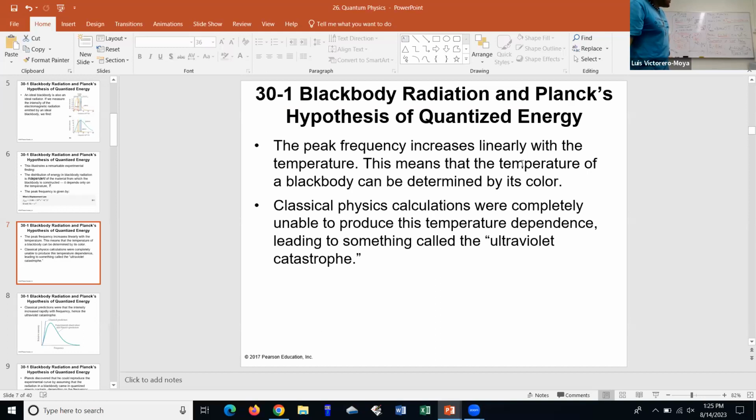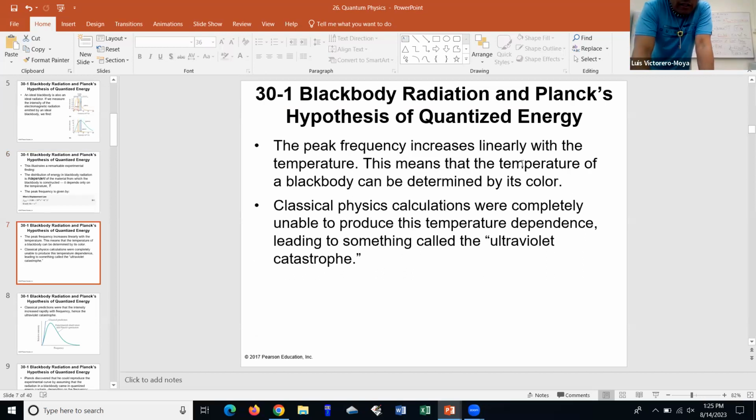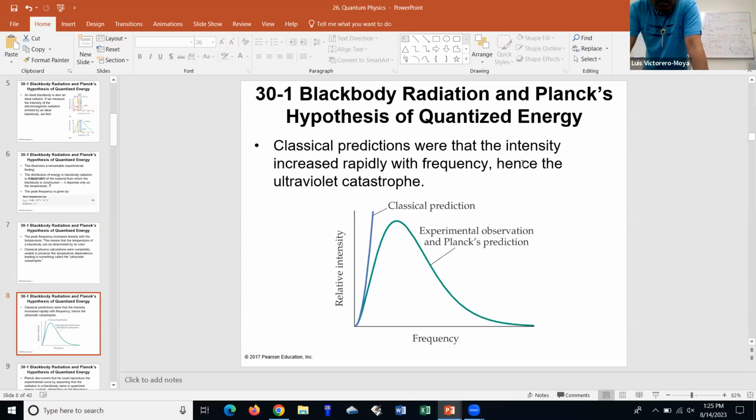Because the constant between the peak frequency and the peak temperature is 5.88 times 10 to the 10. And look at the units of the constant, right? Seconds to the -1 or hertz, and kelvins to the -1. So all these constants are given in those units.